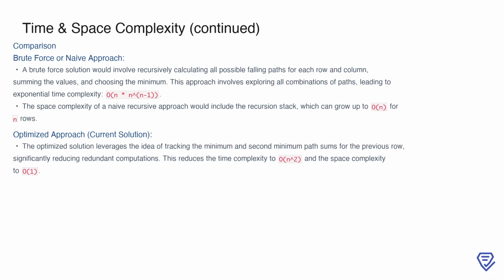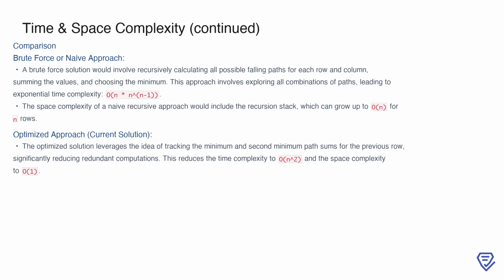If we compare this optimized approach with a brute force or naive solution, the contrast in efficiency becomes clear. A brute force method would involve recursively exploring all possible falling paths row by row, calculating their sums, and finding the minimum. This approach essentially explores all combinations of paths, leading to an exponential time complexity of roughly n^n.